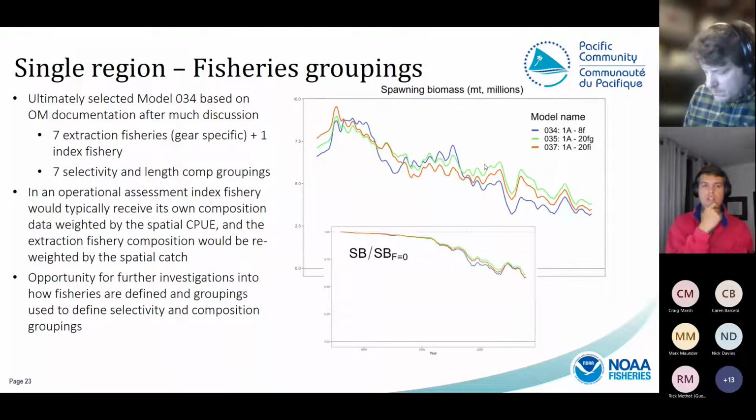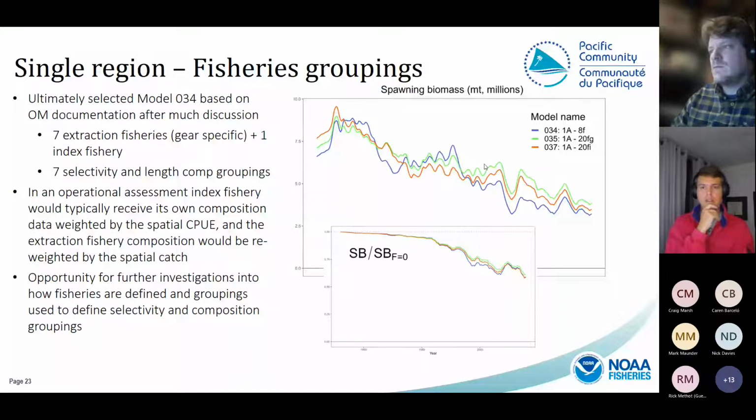So the index fishery in an operational assessment would typically receive its own composition data weighted by the spatial CPUE, and the extraction fishery composition data would be reweighted by the spatial catch. And since we didn't work with that 5x5 more resolved spatial data, that wasn't an option for us in this instance.